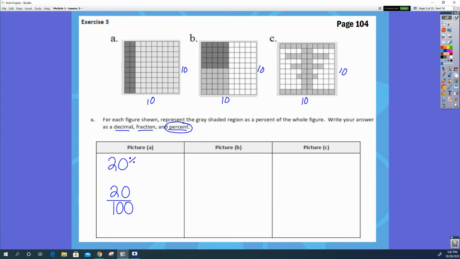Okay? And then I need to write it as a decimal. Well, to change a percent to a decimal, I will put a decimal at the end of my percentage, which was 20%, and I'll move it 2 places to the left. So this is technically 0.2, or you could put 0.20. Okay?